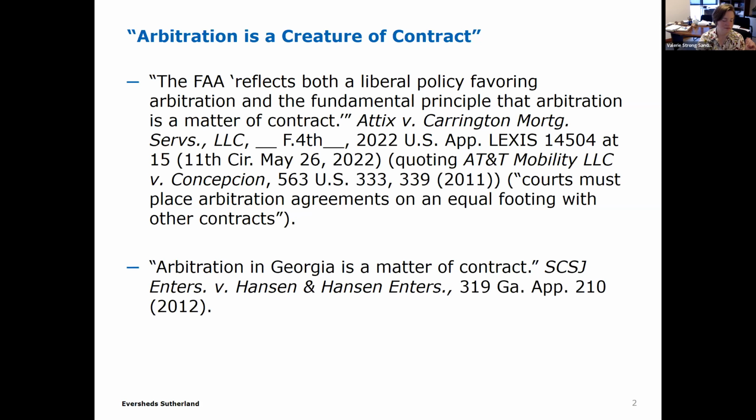And the way I view the FAA or the Georgia Arbitration Act, but in particular the FAA, frankly, for this reason, is it permits the supremacy clause to swoop in and say, hey, these kinds of contracts are recognized, you might even say protected, at the federal level.